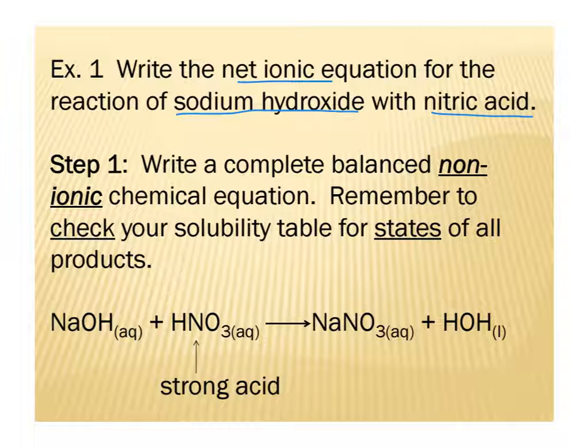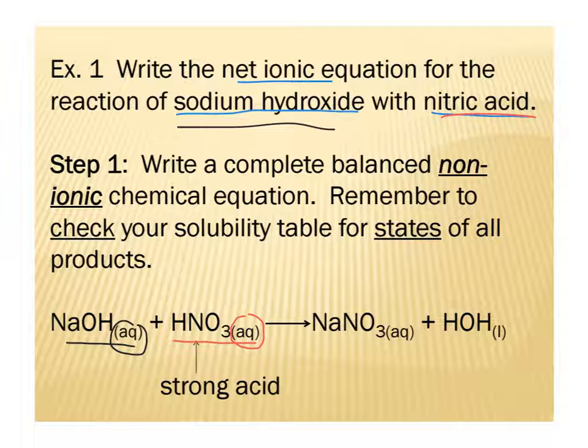So sodium hydroxide, NaOH, and we have to check our solubility table to find that sodium hydroxide is soluble, so we write the subscript AQ. It reacts with nitric acid, and the formula for nitric acid is HNO3. We check the solubility table, we find that it's soluble, so we write AQ.